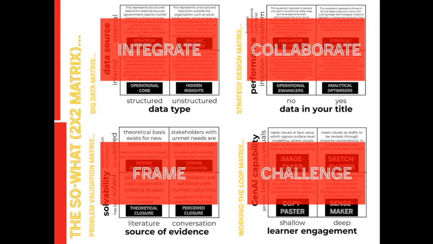So for me, a 2x2 matrix has a really powerful purpose in terms of being a kind of discursive template, an analytical artifact, but also something that can help us to build that shared understanding as part of the work that we do and the processes we are involved in as we're doing something in the name of business analytics.